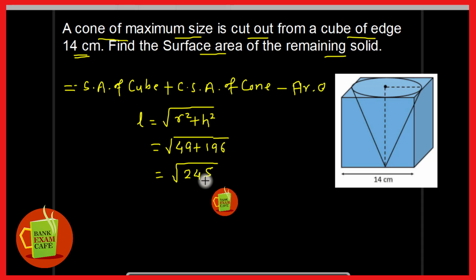So the slant height is equal to square root of 245.